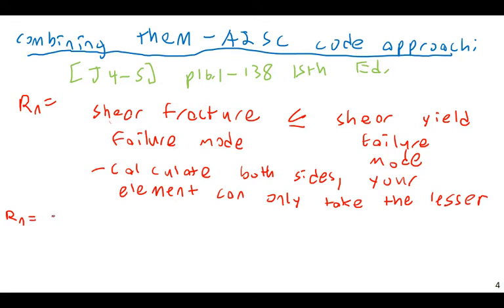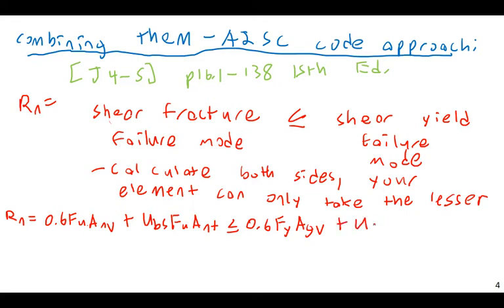Rn, the nominal resistance, is equal to 0.6 Fu Anv, plus Ubs times Ant times Fu Ant, and then this must be less than or equal to 0.6 Fy Agv, plus Ubs times Fu Ant.